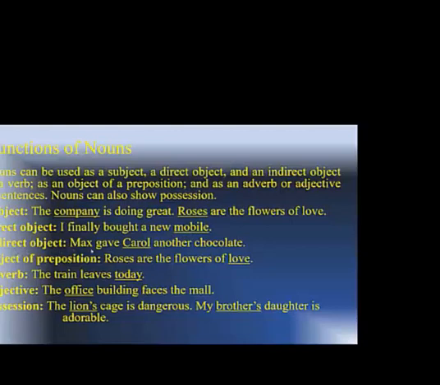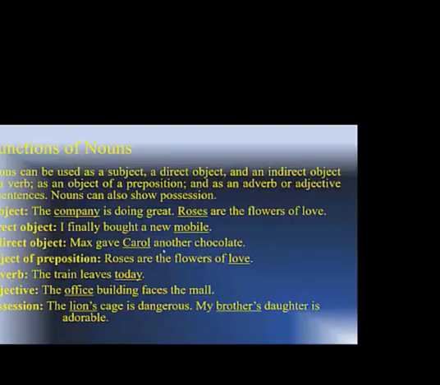Indirect object: Max gave Carol another chocolate. Indirect object means we have two objects. One is the main object, the other is the secondary object. But which is the main and which is the secondary?